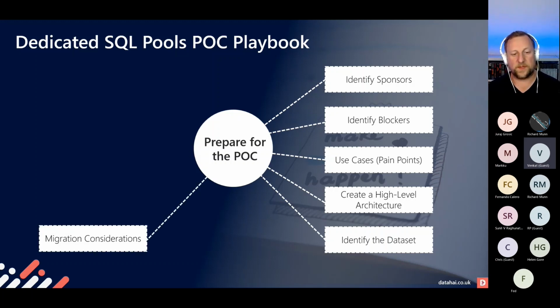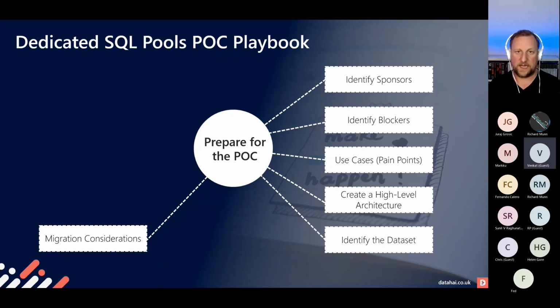Now, when we're looking at considerations around migration, what's this project doing? Are you migrating from an on-premises system? Is this a greenfield project? Because ultimately, in your proof of concept, you're going to have to decide what parts you're going to engineer and develop. If you've got, let's say, an on-premises SQL Server data warehouse that's processing, do you really have the time right now to start re-engineering ETL processes if you need to get those working in Synapse?